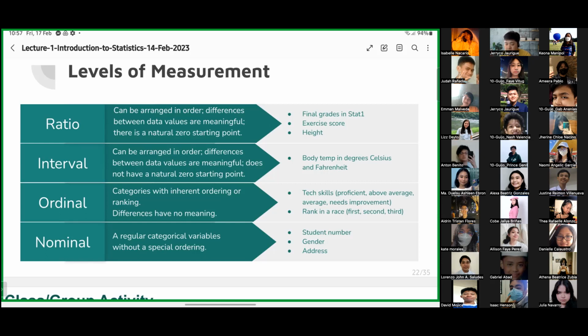Ngayon, ang problema kay ordinal, hindi distinct yung differences between categories. Like for example, ano yung difference between proficient and above average? Also, hindi rin defined yung difference between above average and average. So, hindi siya pantay-pantay. Kapag defined na yung differences between categories, then papasok na siya sa interval.